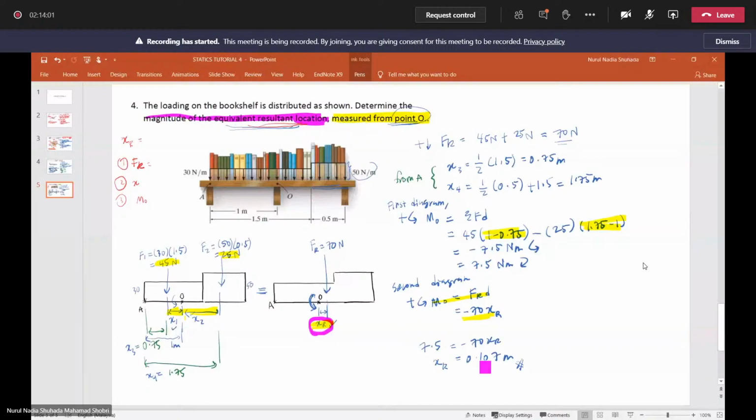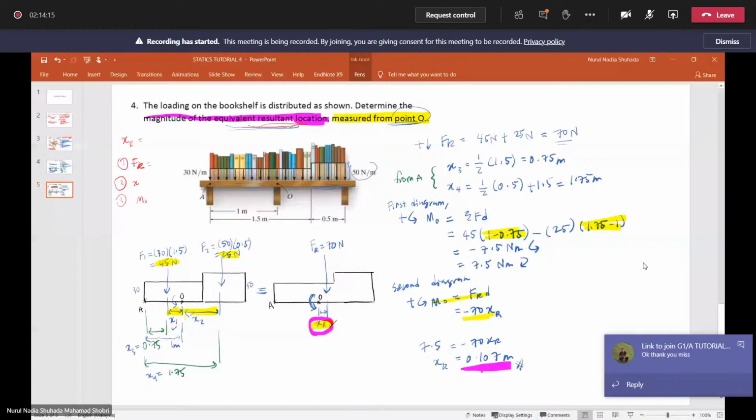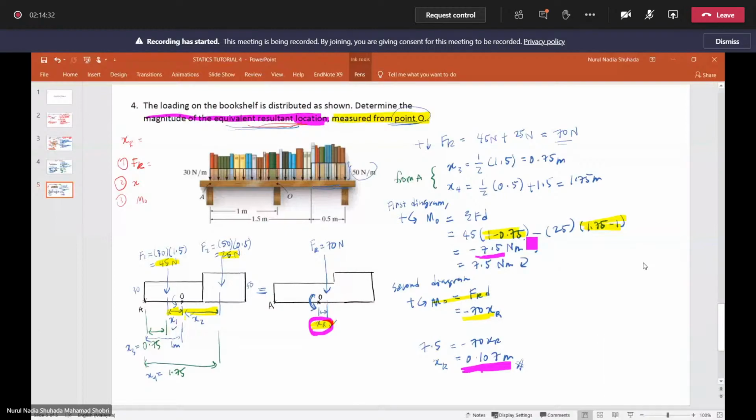This is the final answer, because it wants us to find the location of the resultant force. So the final answer is 0.107. But the value of the moment about point O is correct: negative 7.5 counterclockwise, or 7.5 clockwise.